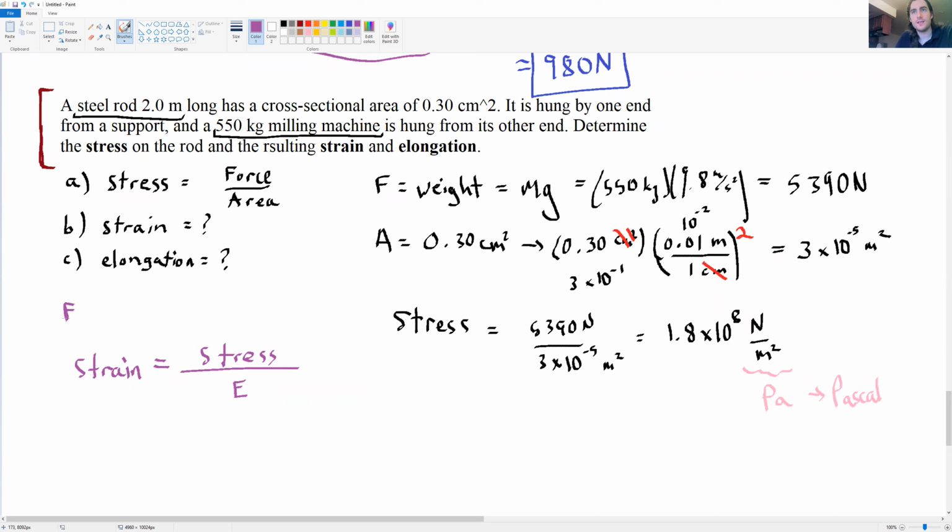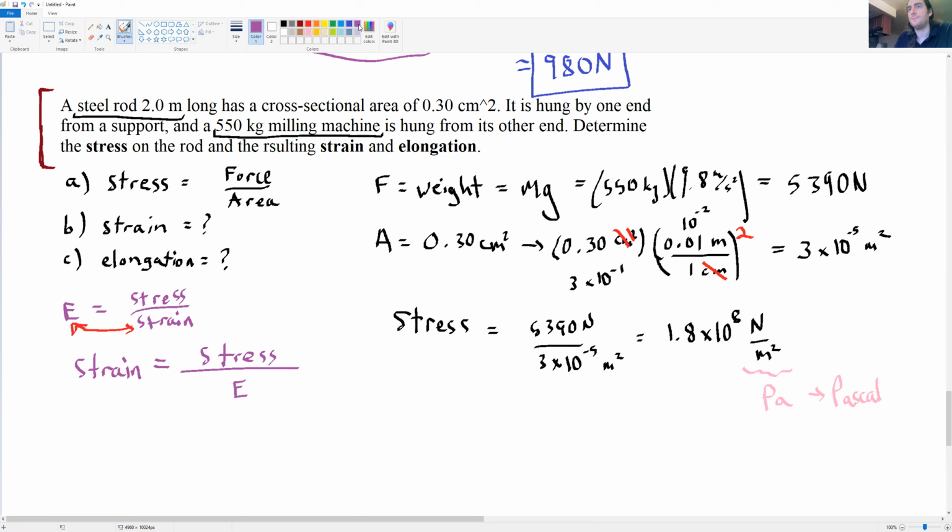Just for those of you who need to see that, elastic modulus is defined as stress divided by strain. So we can swap their places: I can multiply both sides by strain, and divide both sides by the elastic modulus.